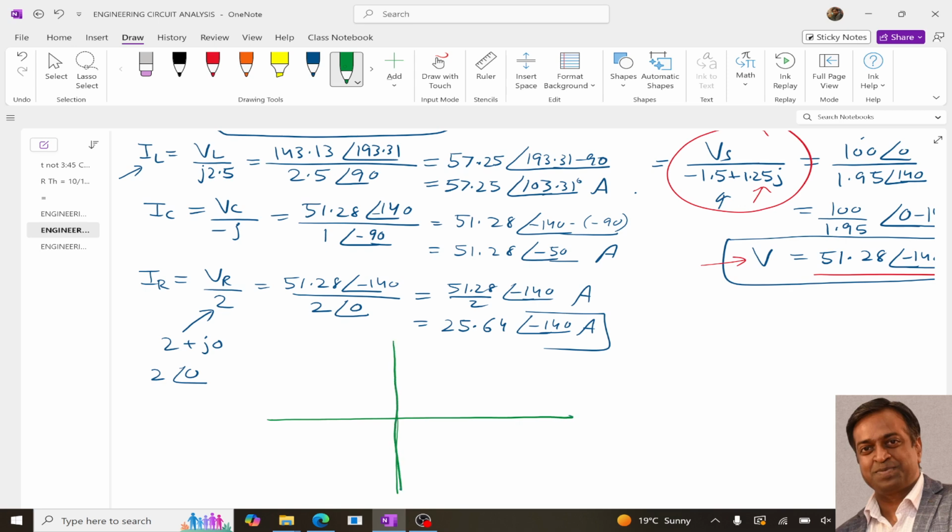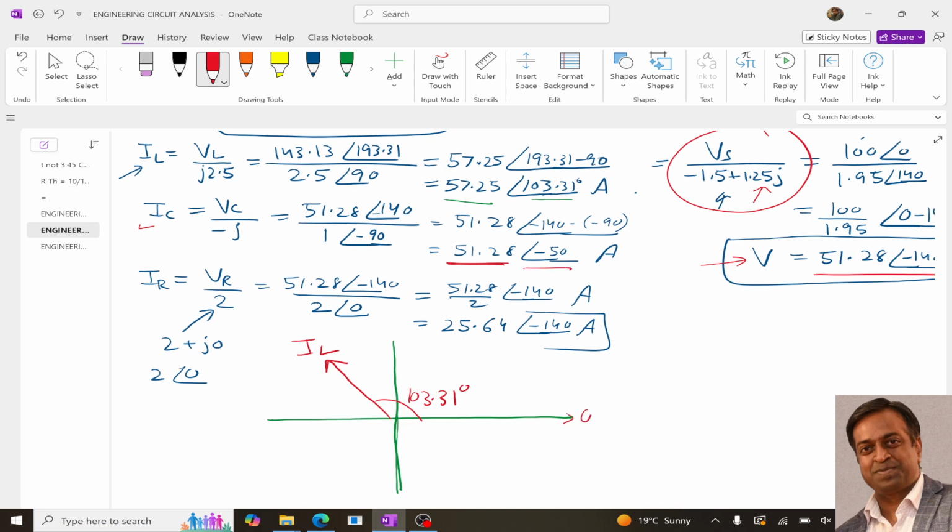So IL is 57, angle 103.31 degree, so it will be drawn somewhere over here. This will be our IL, right? If we look at IC, it is 51.28, angle minus 50.